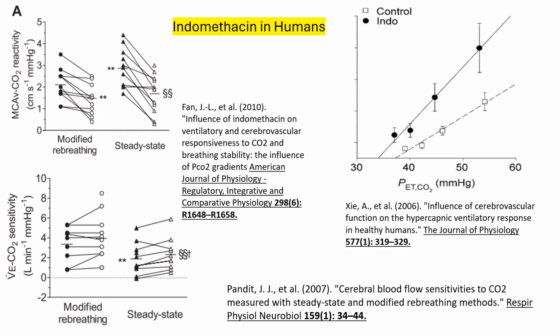Now, Fan and colleagues argued that with indomethacin, there would therefore be a decreased washout of CO2 from the central chemoreceptor environment when CO2 increased, which would enhance ventilatory CO2 sensitivity, showing that the central chemoreceptor environment was affected by changes in cerebral blood flow.